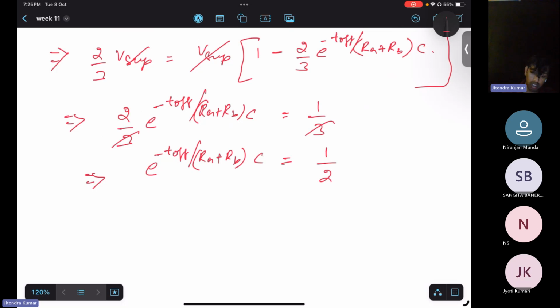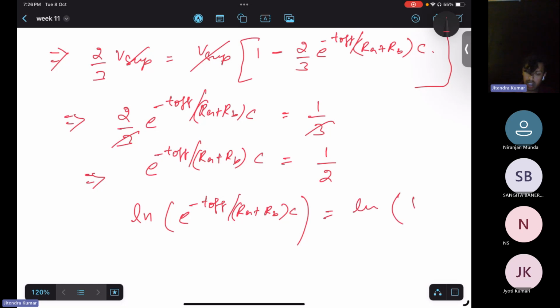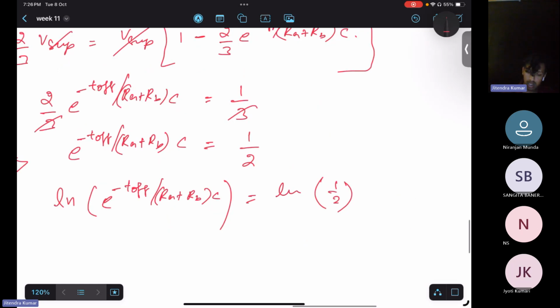Okay, now we will take log on both sides, right? So ln e raised to power minus T of divided by Ra plus Rb into C equal to ln half, which also you can write as minus ln of 2. That is the property of logarithm.